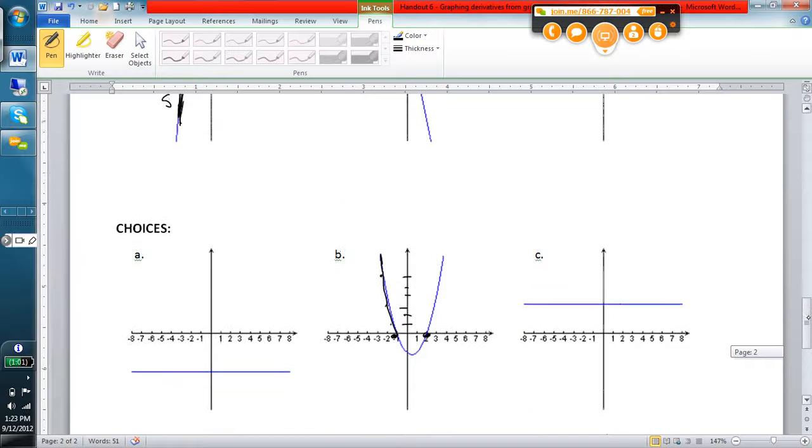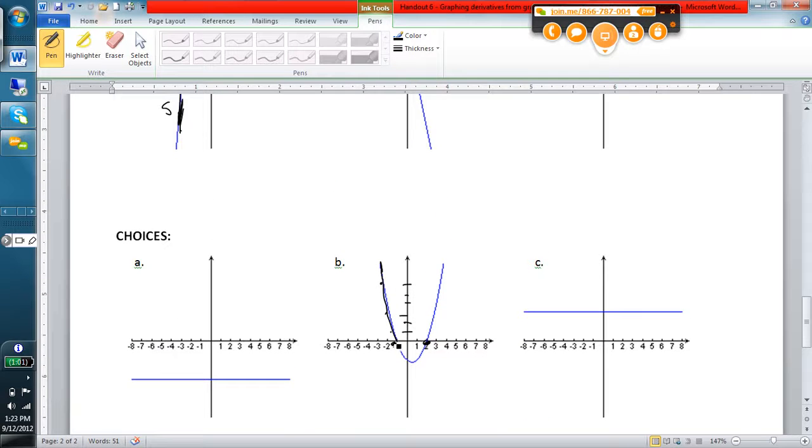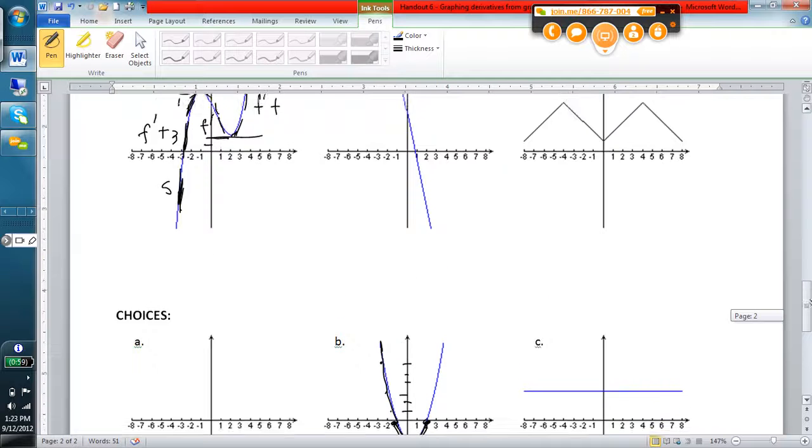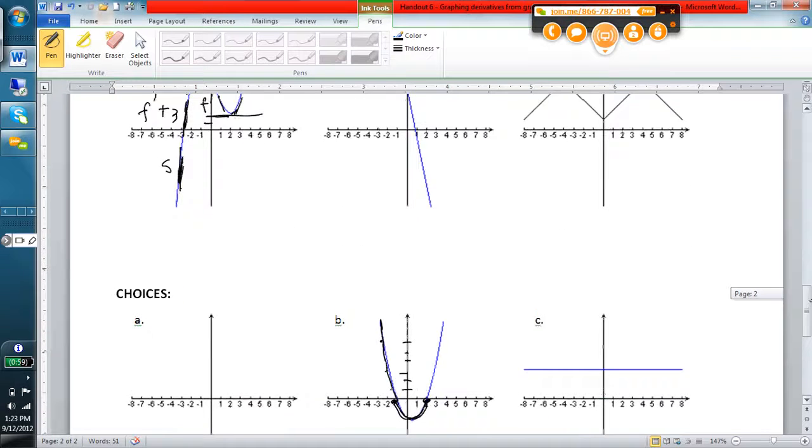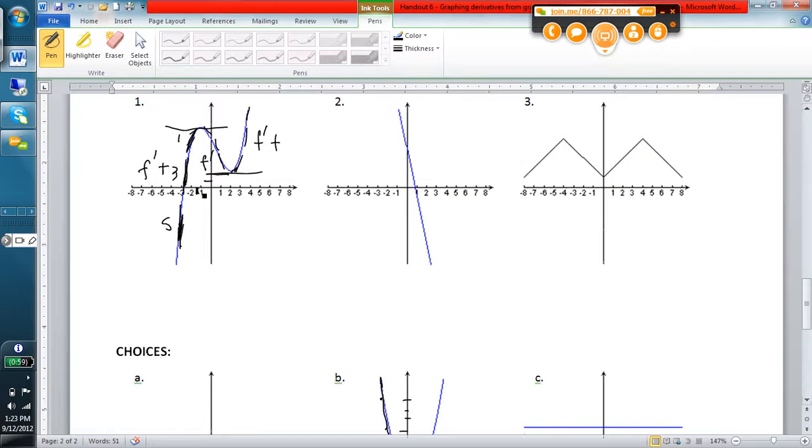Now, why does B do this from -1 to 2? Well, it's because, notice, the action here in the middle, between -1 and 2. Isn't that what the derivatives are doing?